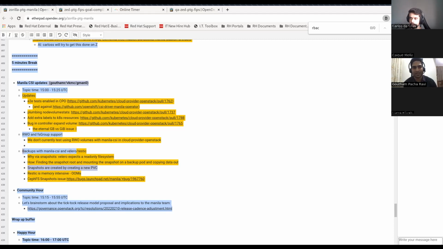There is now a thing of also using it to provide RWO volumes, and that's something OpenShift does today. It sets up the external attacher sidecar that's necessary, and plumbs RWO volumes as well. And this was working fine, except for the FS group feature.